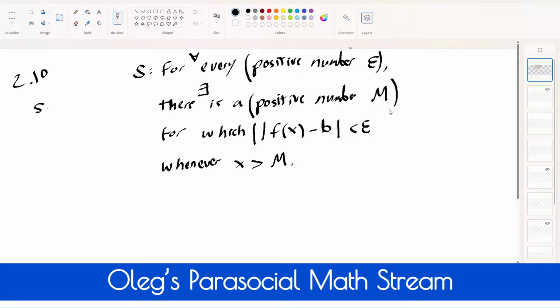Whenever x is greater than m. We're going to add two formulas, probably. It's probably something like this. Let's try it right here.